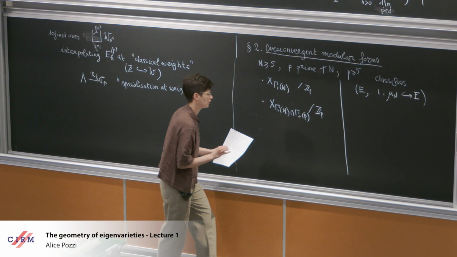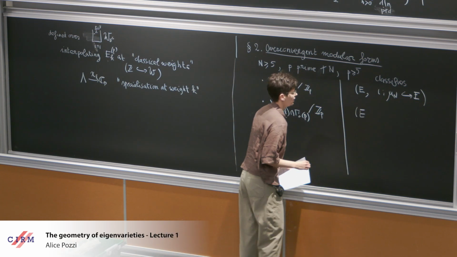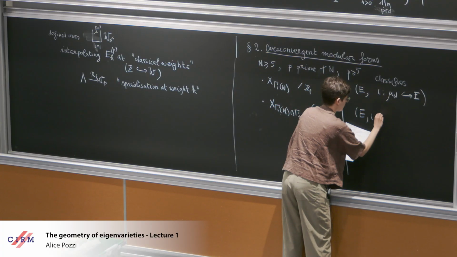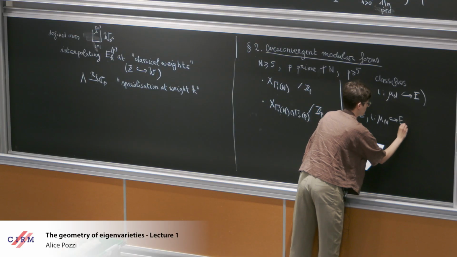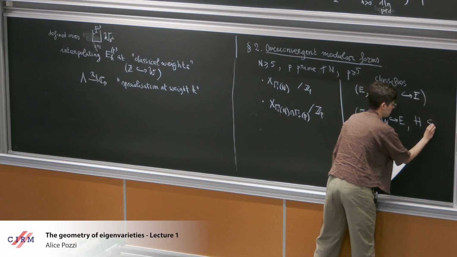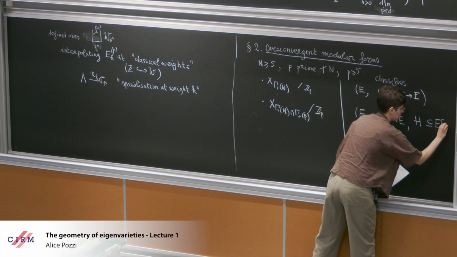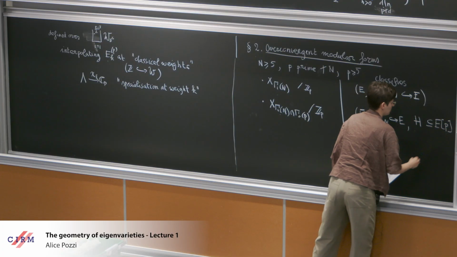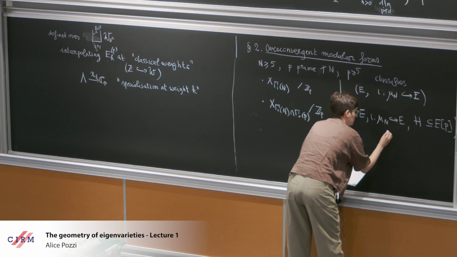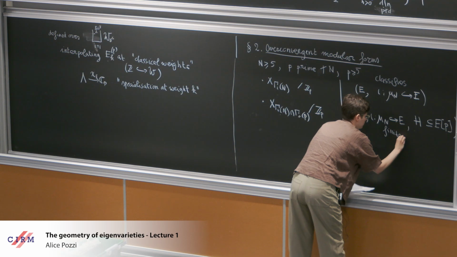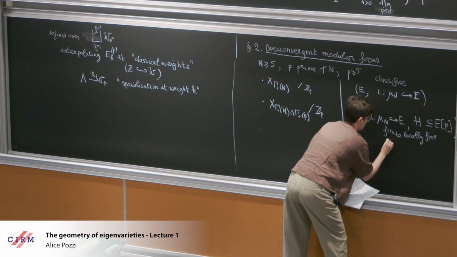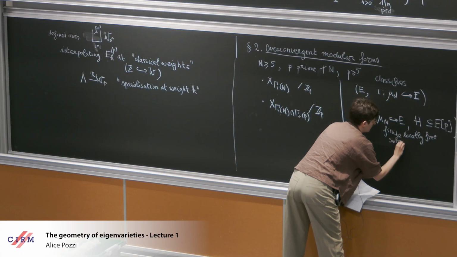Here I need to be more careful with defining my level structures, and I'm going to say that this classifies, away from the cusps, the triples as above, plus an extra piece of data, which is this H, which I view as a subgroup of E[p], the p-torsion, which is a finite, locally free subgroup of rank p.